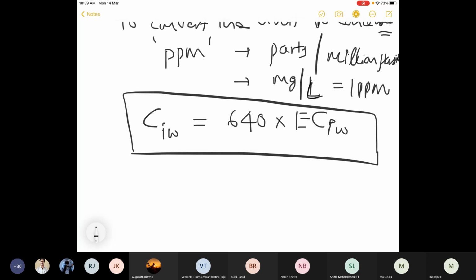So this will be like ppm, and this will be decisiemens per meter. Okay, in order to convert this, remember this.